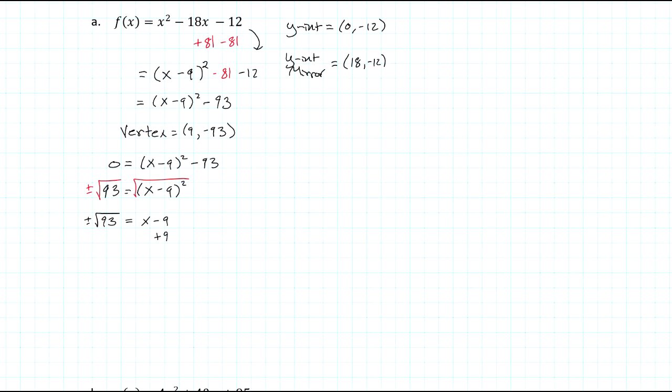We can add the 9 to both sides here and get 9 plus or minus the square root of 93 equals x. So the x-intercepts are the points 9 minus square root of 93 comma 0 and 9 plus the square root of 93 comma 0.